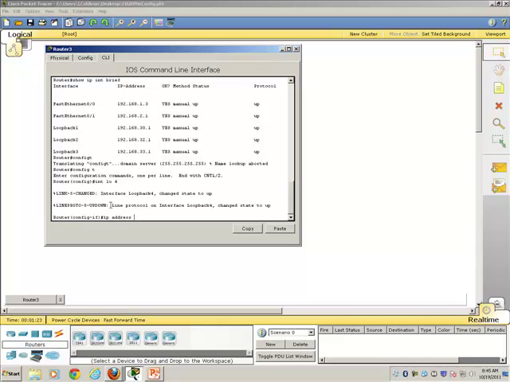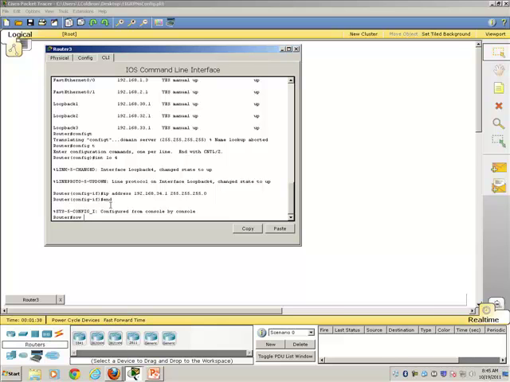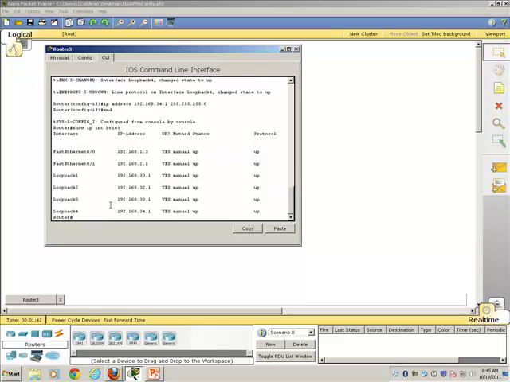IP address 192.168. Let's do 34 since that would be the next one. And you put addresses on, not network addresses. Show. So we just created another network.